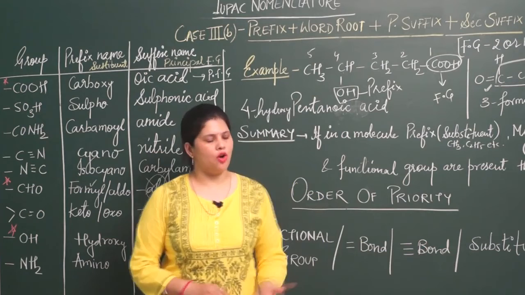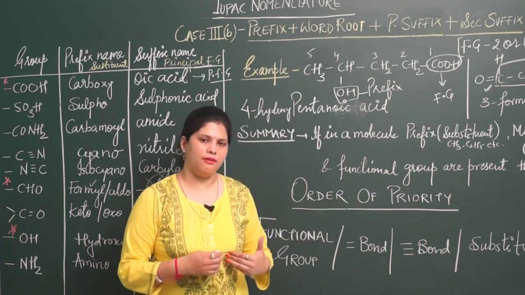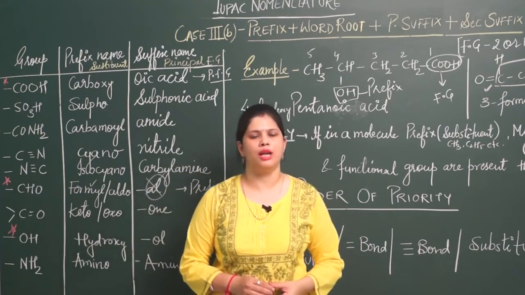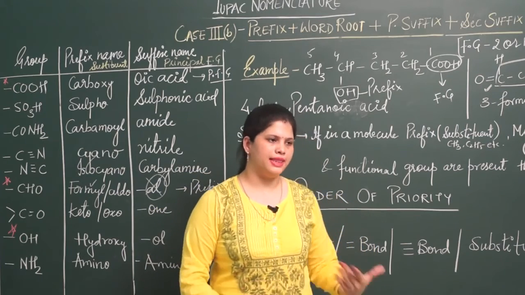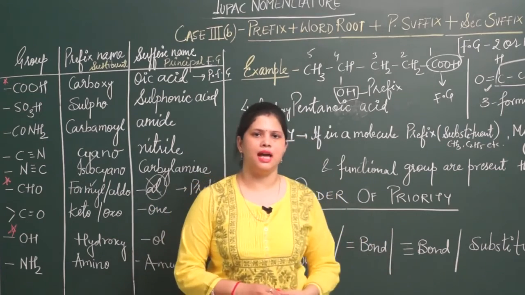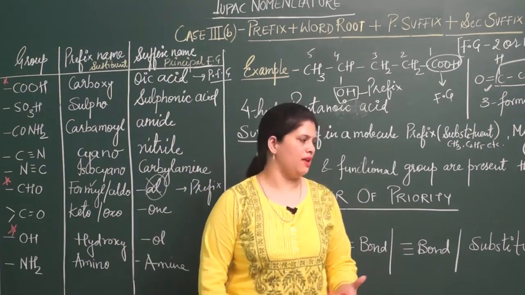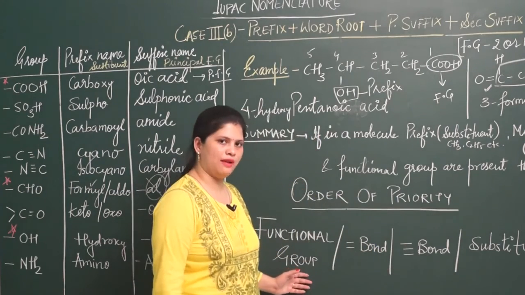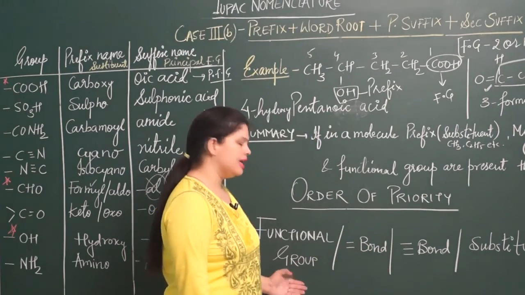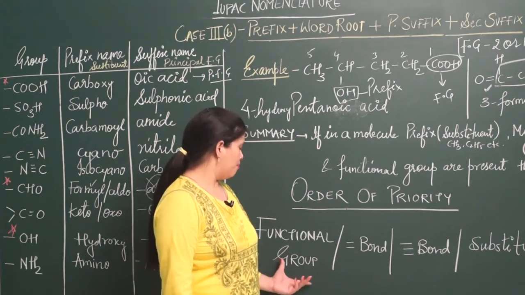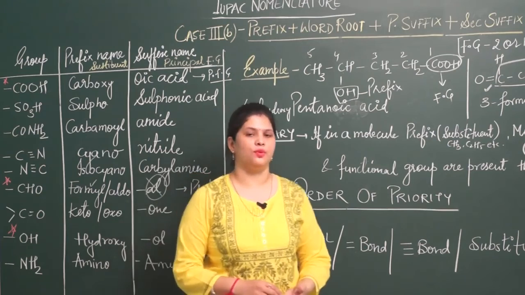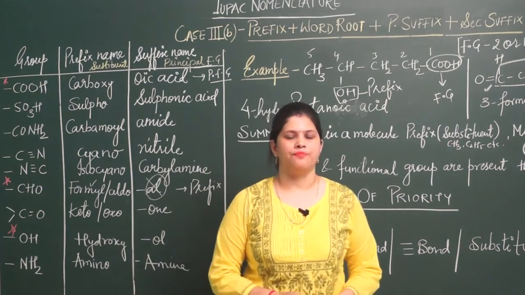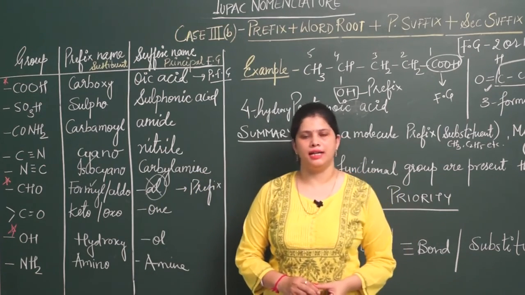If any combination of these is there, or if all are present, then you try to give the minimum number to the functional group, and the other things get the numbers by default, whatever is coming in the sequence. You have to remember, when everything is there, the functional group is the boss of everything. It should get the minimum possible number, or in other words, it should get priority.